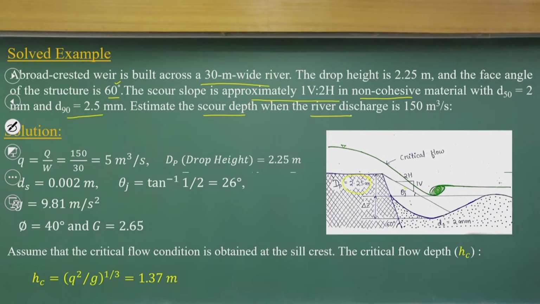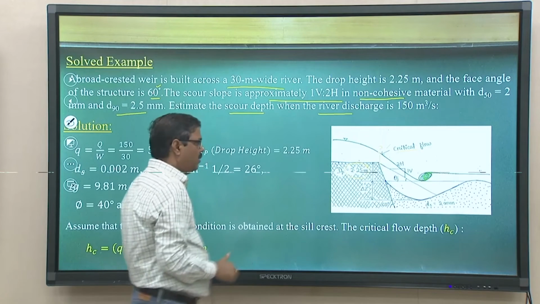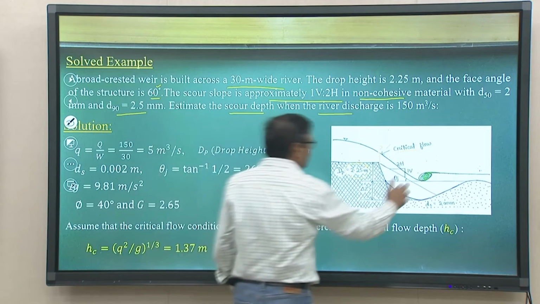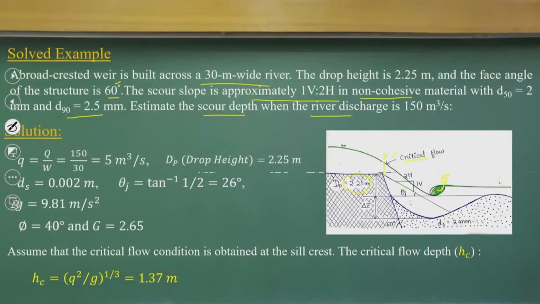As you have this weir, it will have a critical flow depth here. That you know from the critical flow concept. So, you will have the critical flow here, and we need to compute what the critical flow is at this point, and there will be some sort of hydraulic jump formation followed by this. So, we need to compute the Q, the discharge per unit width.